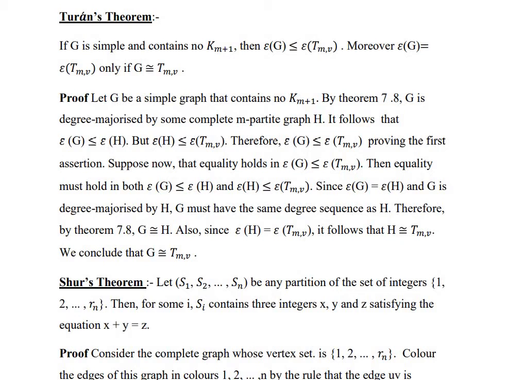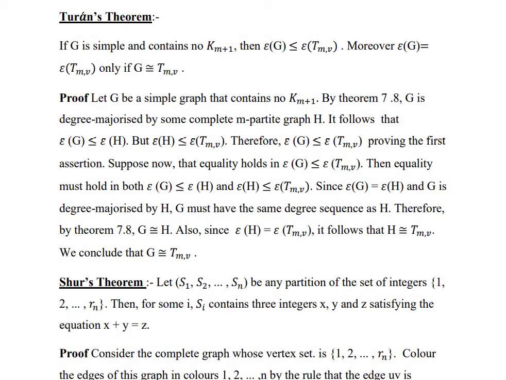Let G be a simple graph that contains no K_{m+1}. Then by the previous theorem, G is degree majorized by some complete m-partite graph H. It follows that the edge set of G is less than or equal to the edge set of H, but the edge set of H is less than or equal to the edge set of T(m, V).